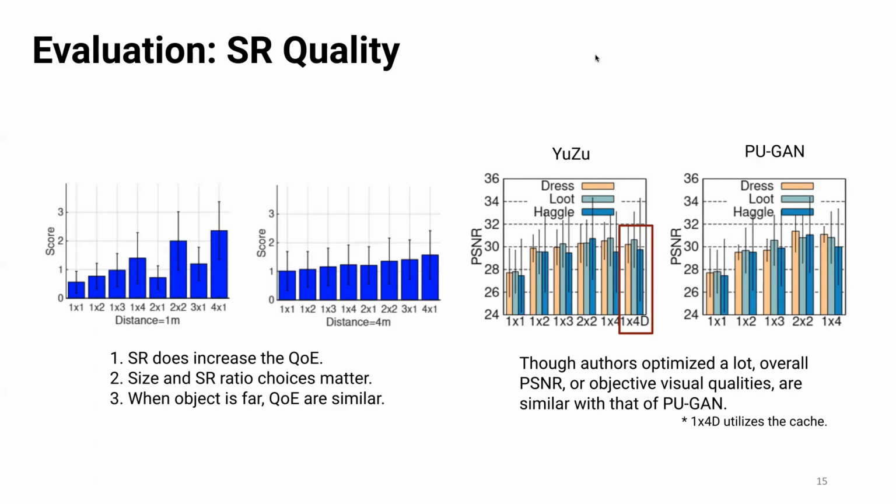Another takeaway here is that the size and SR ratio choice matters. When you use this higher super resolution ratio, you can get the higher QoE score. However, you need to use more compute resource. And also, quite obviously, when you use the ground truth, the 4x1 case, you get the highest QoE.